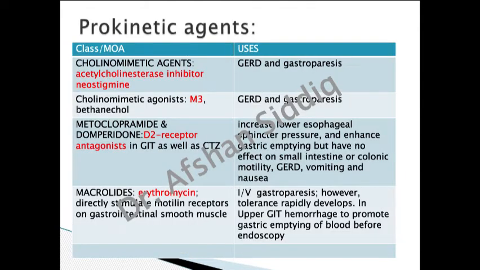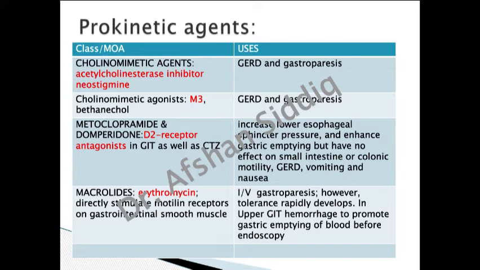Now come to the classification of prokinetic agents. These are classified on the basis of their mechanism of action. Cholinomimetic agents increase GIT motility by acting as an acetylcholine agonist or initiator.